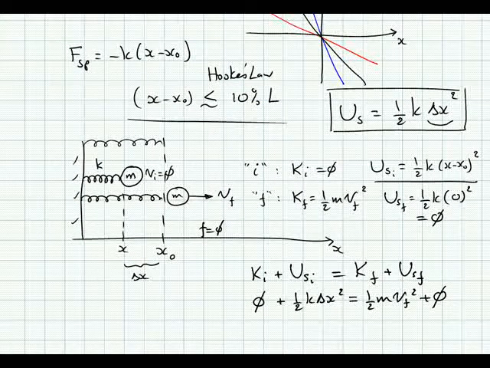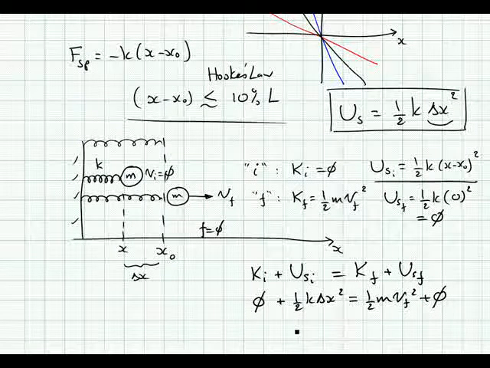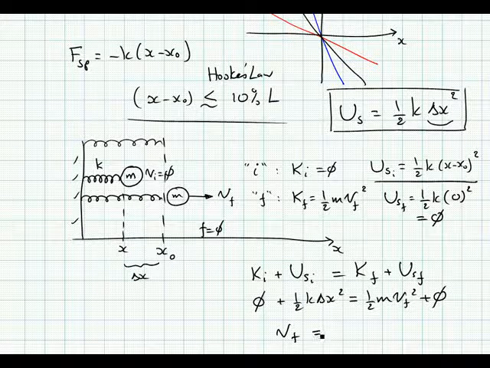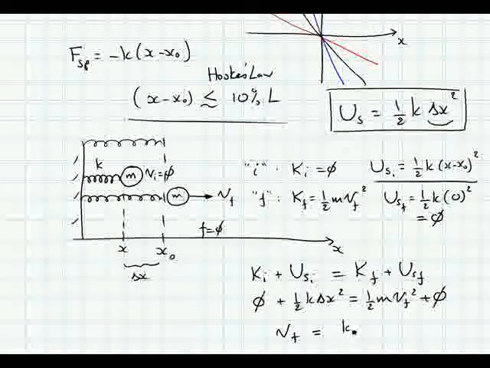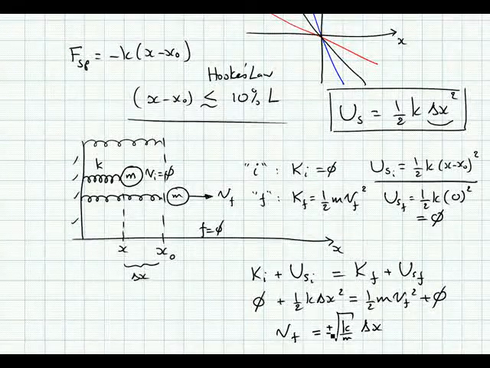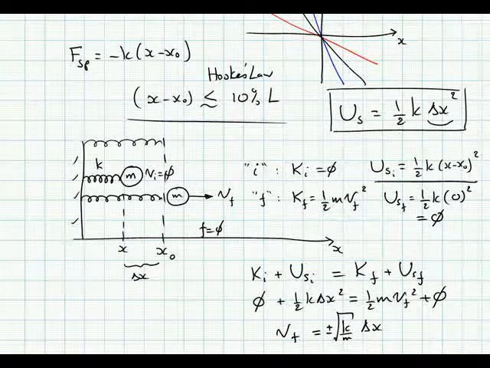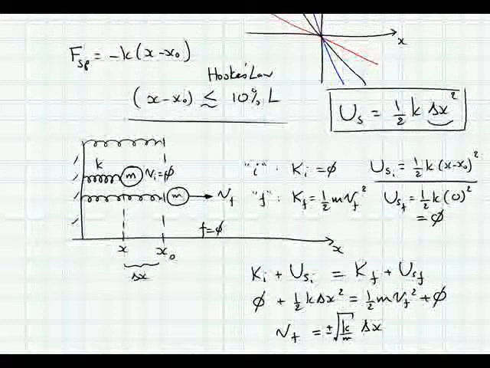In other words, vf is equal to the square root of k over m times delta x, but there's a plus or minus, so the direction is determined by whether the spring was stretched or compressed.